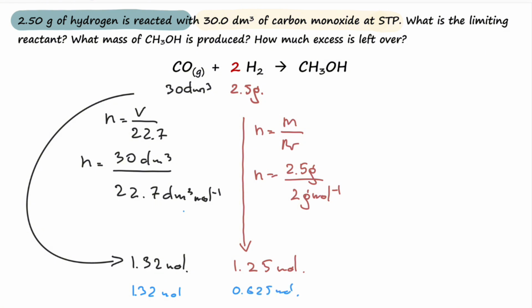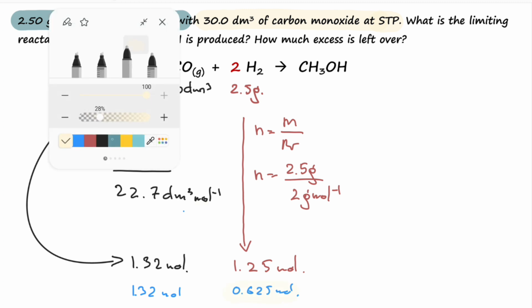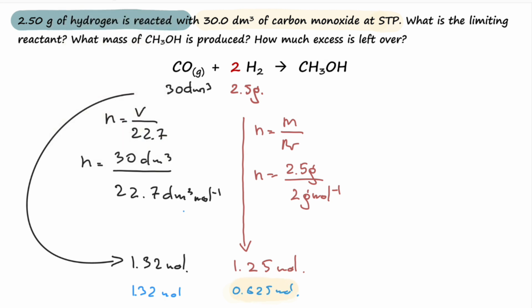Okay, so which one will be smaller? It's kind of obvious that this value will be smaller. So that's why it will be assumed as the limiting one. So you can just write here limiting. You will use the mole number of the hydrogen in order to do our calculation.